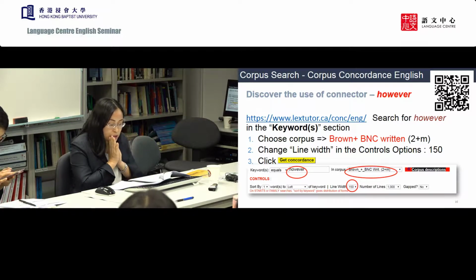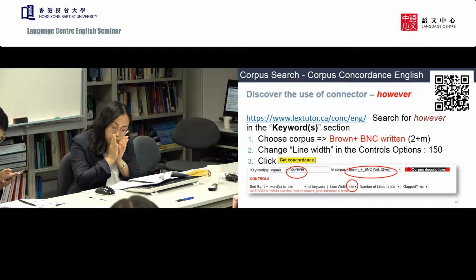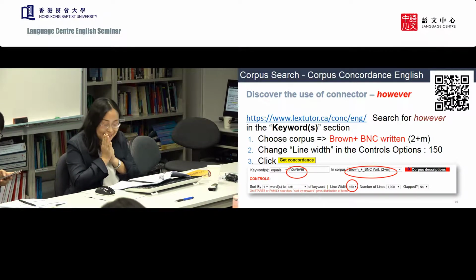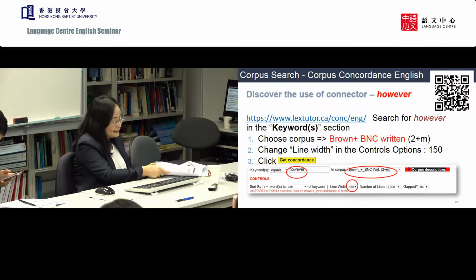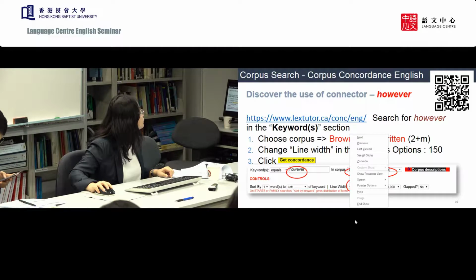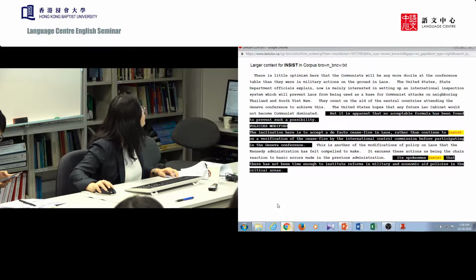Here the tip is to try to pay attention to the conjunctions and the punctuation before or after "however". So let me search with you. So LexTutor, this one.